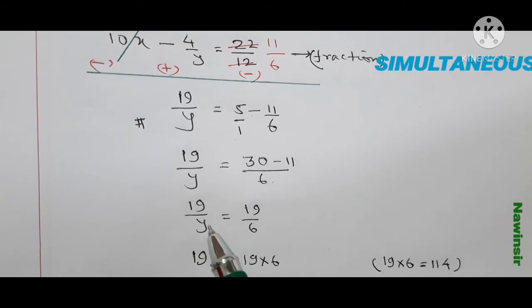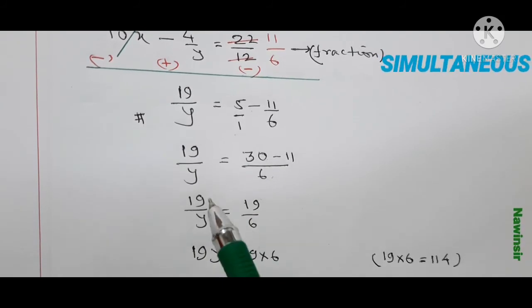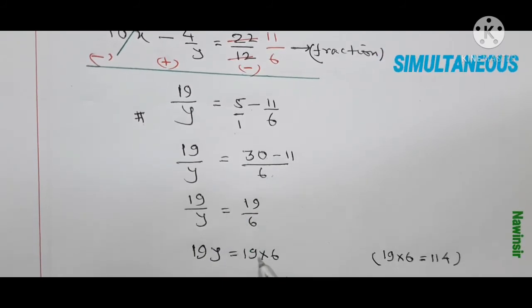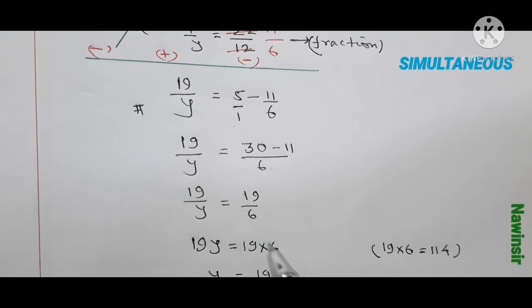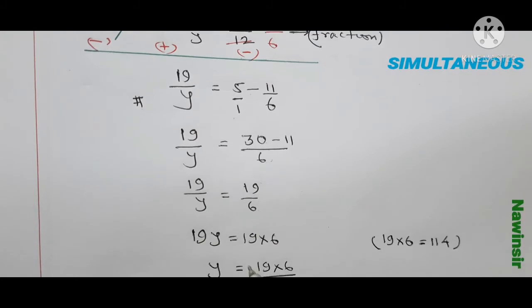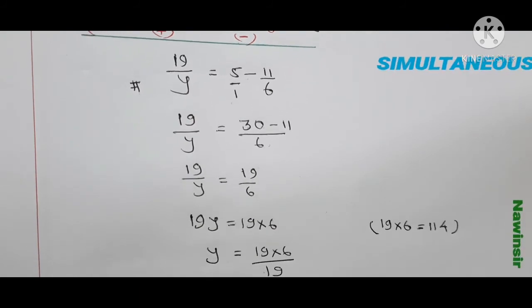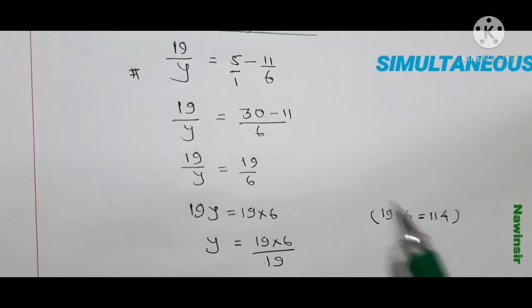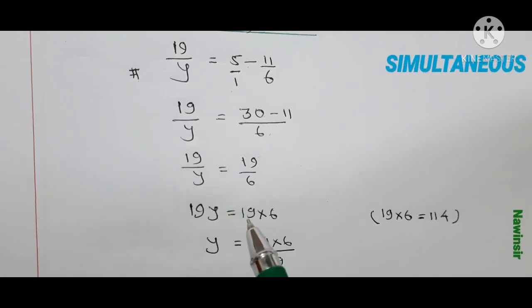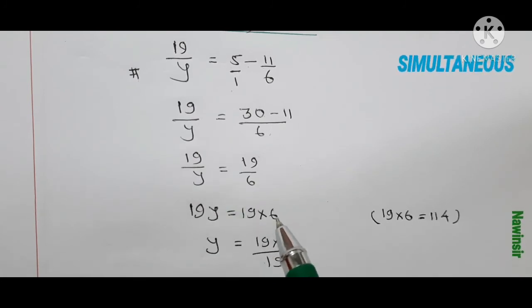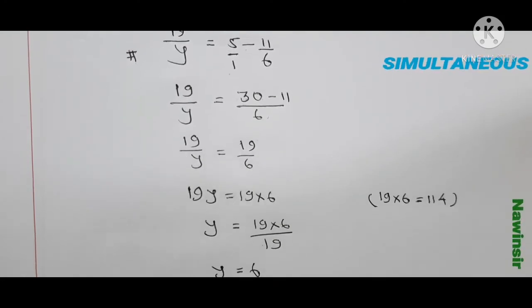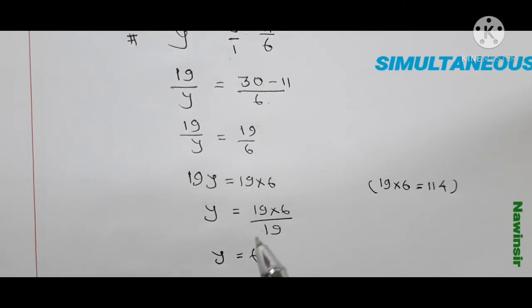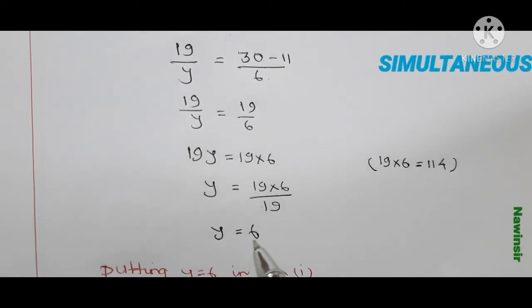Alright, so 19 into y, 19y हुन्छ is equal to 6 into 19, you can write 114, but I didn't choose to write. मैले 6 into 19 नै लेखे, किनभने मलाई थाहा छ 19 will come down and this 19 and 19 will get cancelled. Alright, so 6 into 19 लाई you can choose to write 19 into 6 or 114 as you wish. Okay, 114 लेख्यो भने पनि 19 ले divide गर्दाखेरि answer त्यति नै आउँछ. And then 19 gets cancelled, so y is 6.